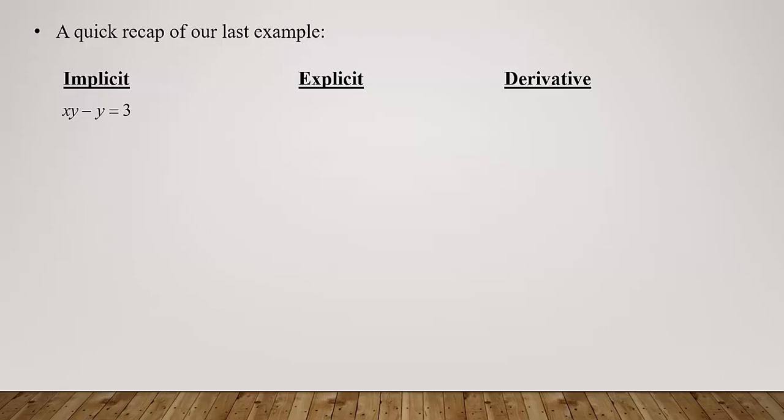It's a function of x, but we don't know what it is. But in the explicit form, we can explicitly see what the function of x is. It's 3 over x minus 1. Now, it doesn't matter whether we use the implicit form or the explicit form. The derivative was dy dx equals negative 3 over x minus 1 quantity squared.